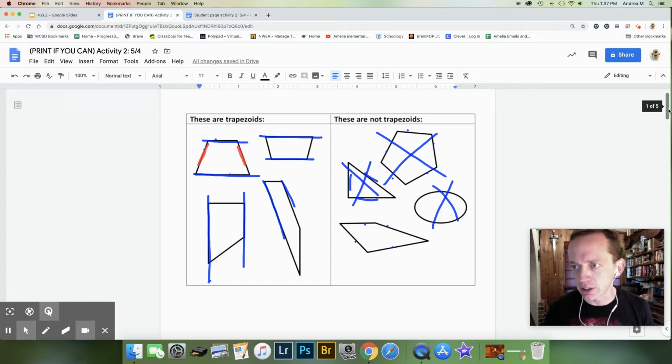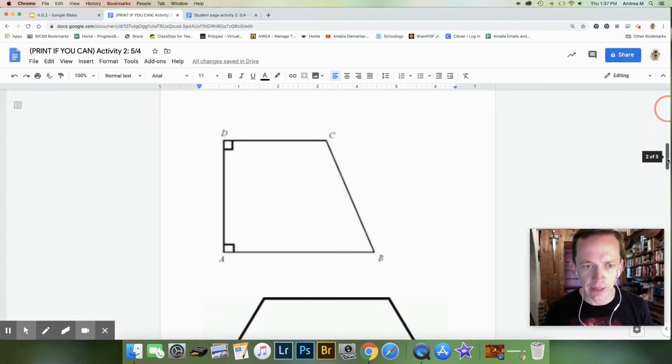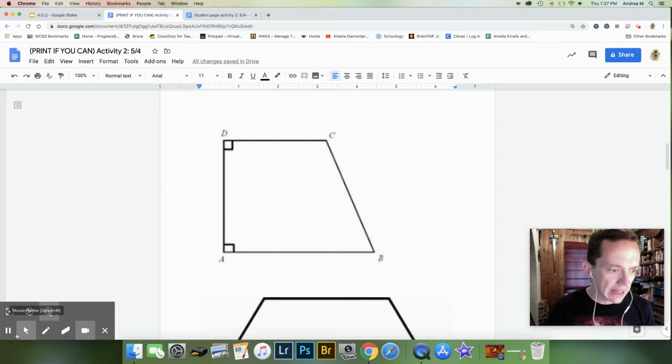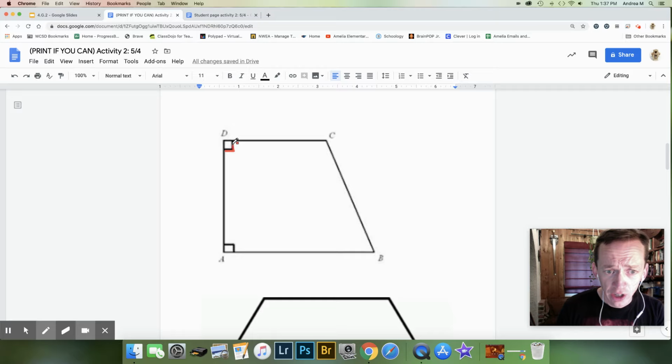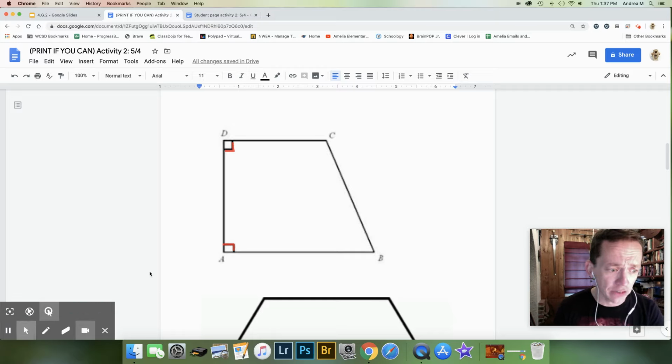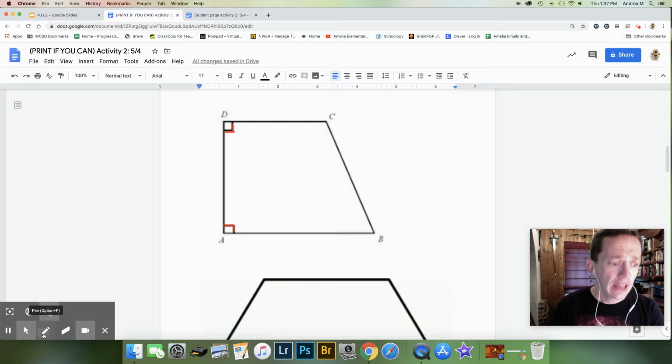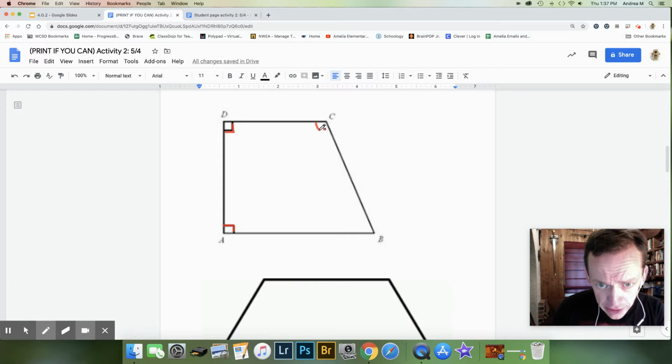Okay, so let's take a look at another example. Let me draw on these. I like this one here that they have. There's a couple different ways we can look at this. Look, right angle. Don't forget our angle stuff that we talked about last week. That is still a factor in this. Look, this angle is kind of opened up wide. That is an obtuse angle. This one angle is kind of closed up more. It's smaller, so that is an acute. It's a teeny tiny little acute angle.